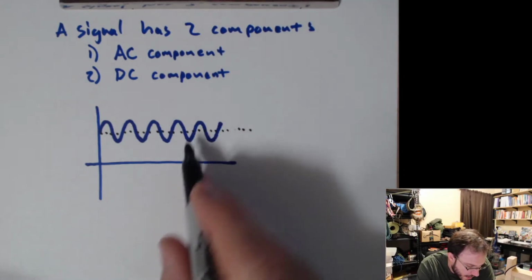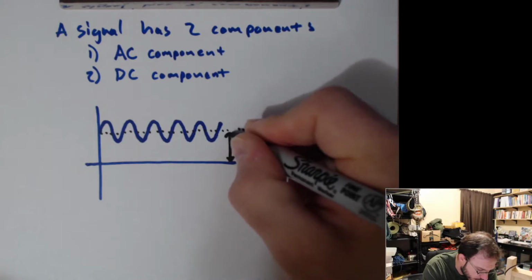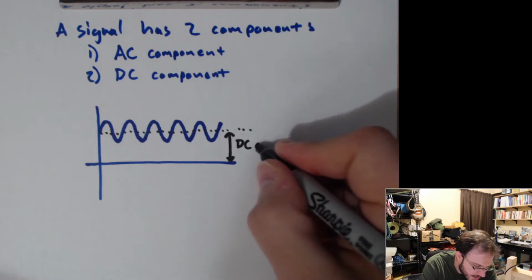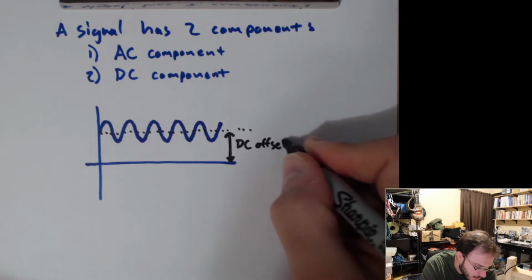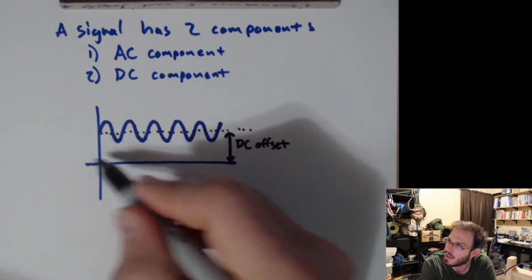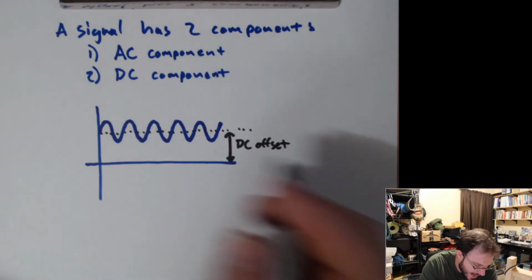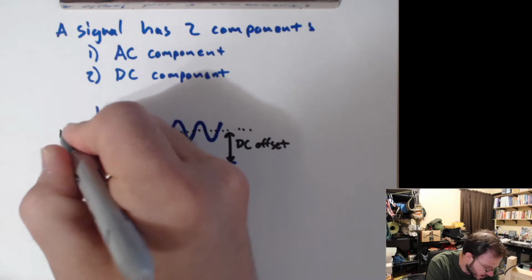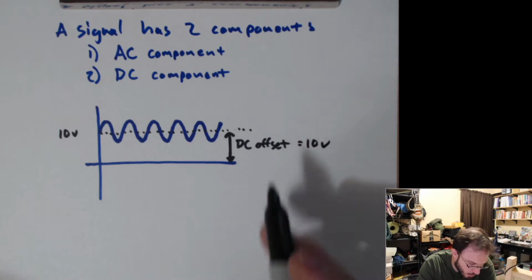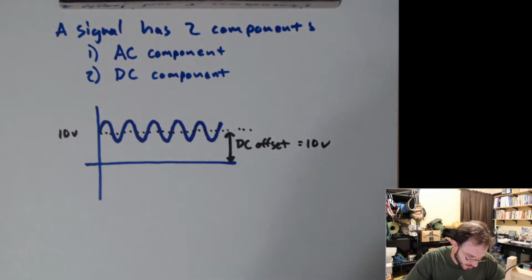And so the DC component is what we refer to as this DC offset. DC offset is just the quantity by which we are centered away from 0. So if this center was, let's say, 10 volts, then our DC offset is equal to 10 volts, and this is our DC component.